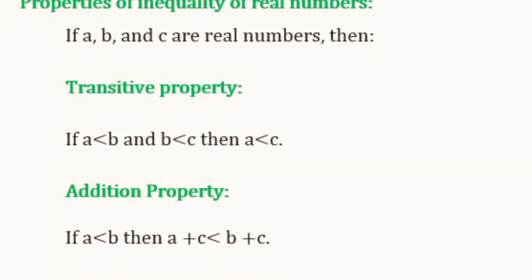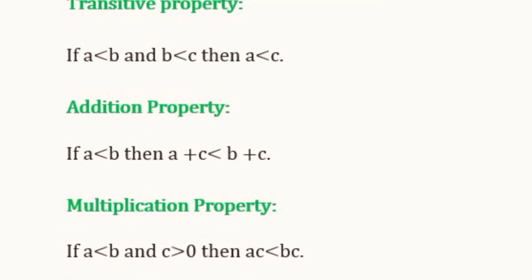Okay. Addition property. If a is less than b, then a plus c is less than b plus c. Any obvious example. 2 is less than 3. If we add 1, 2 plus 1 is less than 3 plus 1, which is obvious addition property. Next, multiplication property.